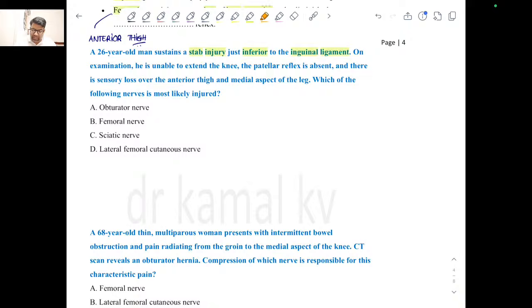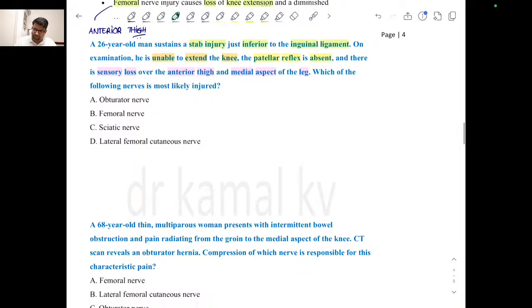On examination, he is unable to extend the knee and patellar reflex is absent, and there is sensory loss over the anterior thigh and the medial aspect of leg. Which nerve is paralyzed? So I think again it's a very easy question.